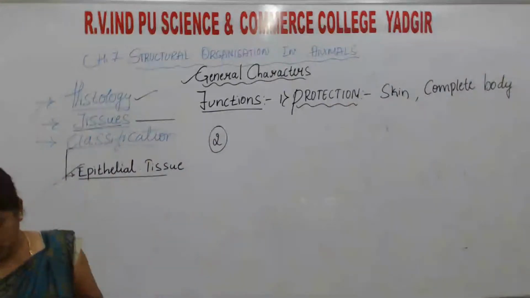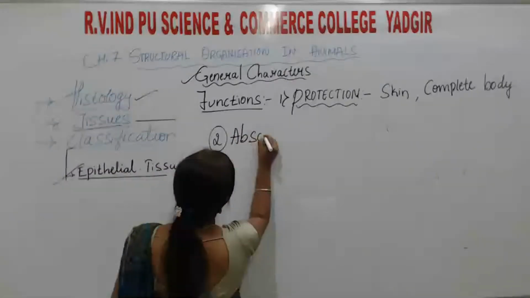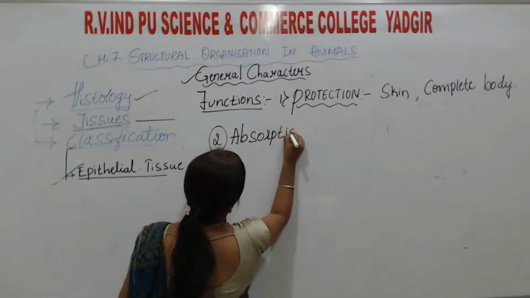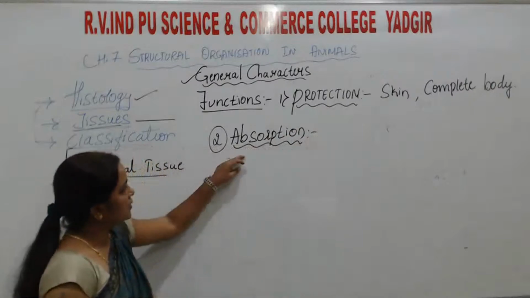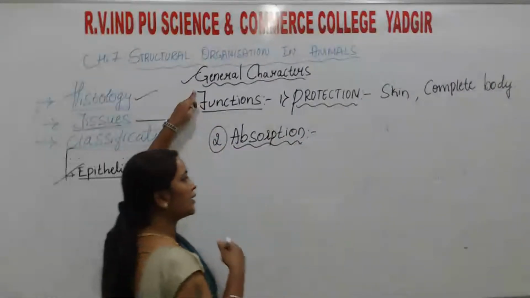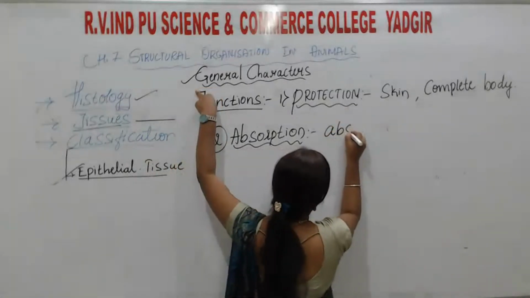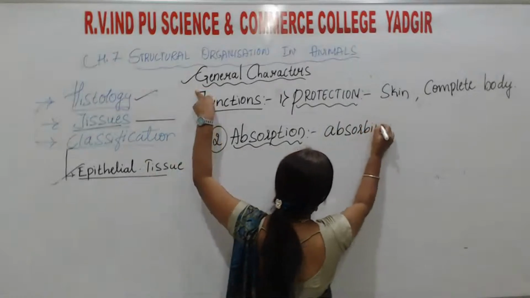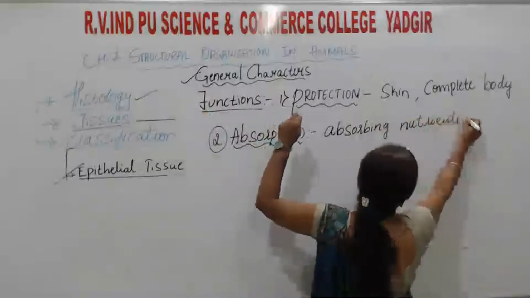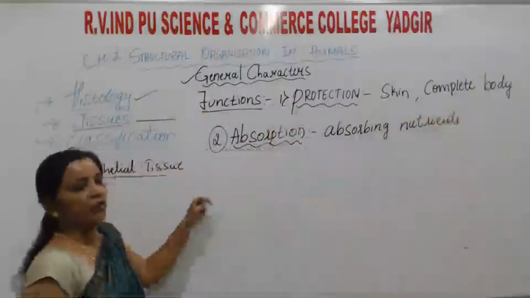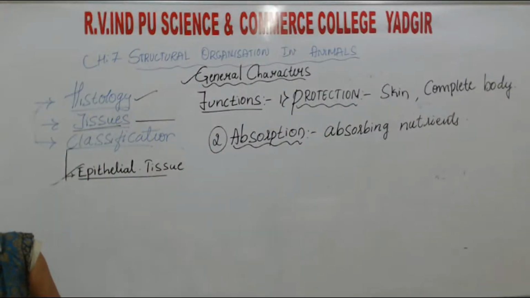Next function is absorption. Absorption means these epithelial tissues are capable of absorbing nutrients.